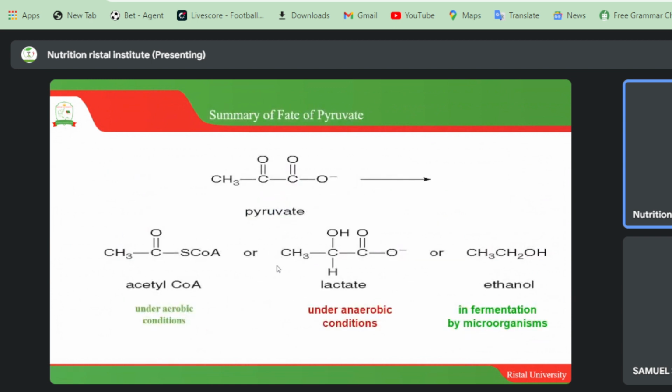So the summary of the fate of pyruvate is right here. There's a mistake here.